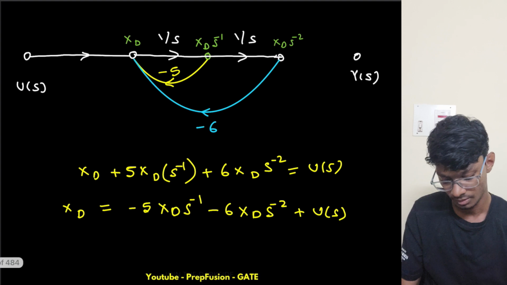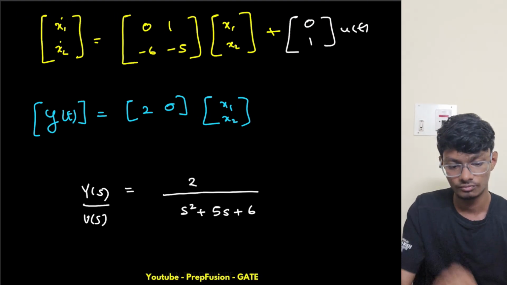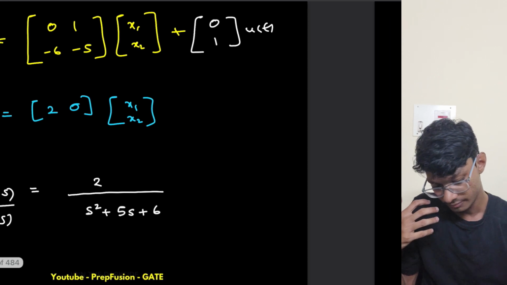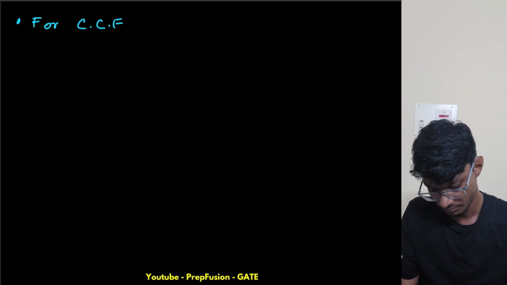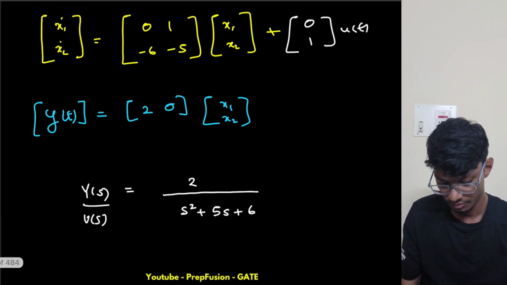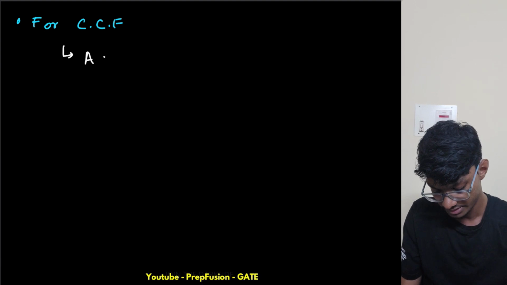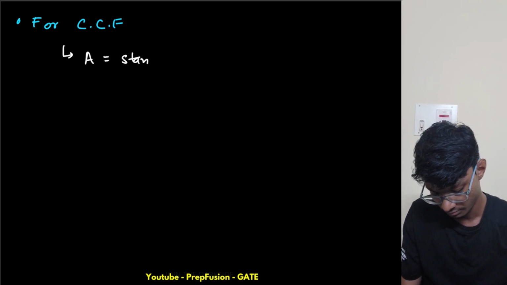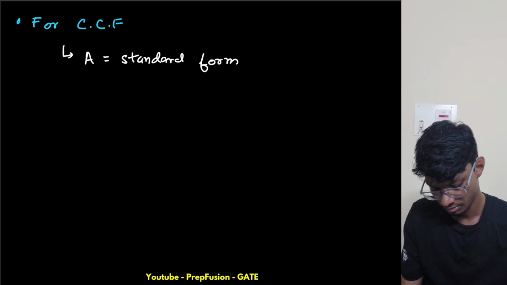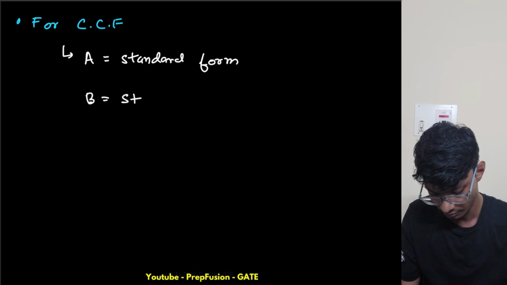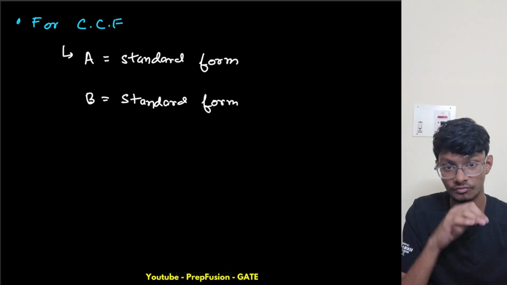So here, for the controllable canonical form, CCF, basically A will have a standard form, B will have a standard form, and C will depend on the numerator.